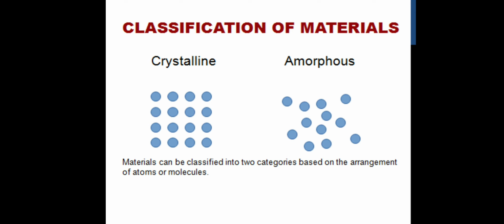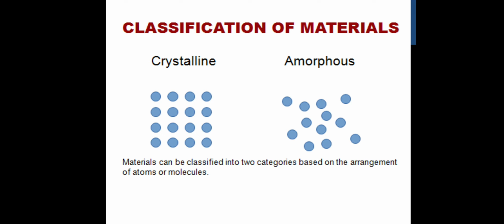You can observe in these two pictures. In crystalline solids, you are observing the periodicity of atoms at a regular distance, and whatever the orientation you look, it looks the same.